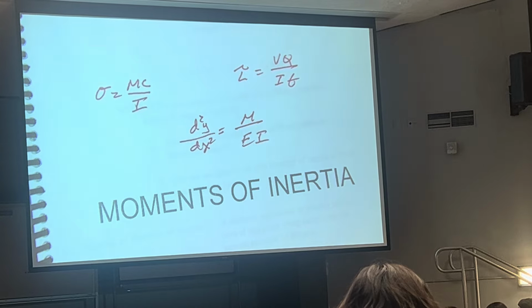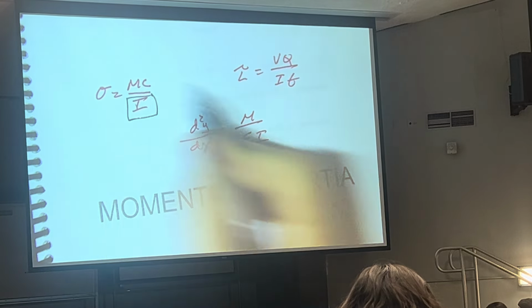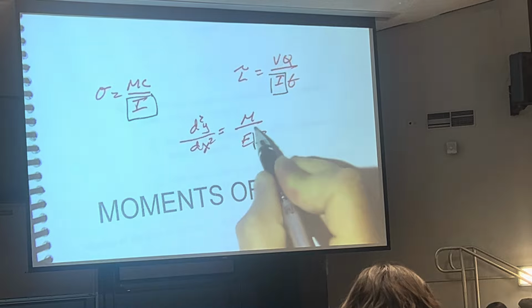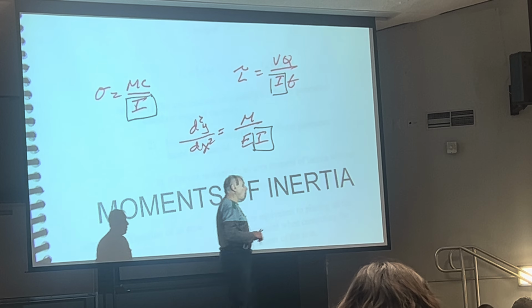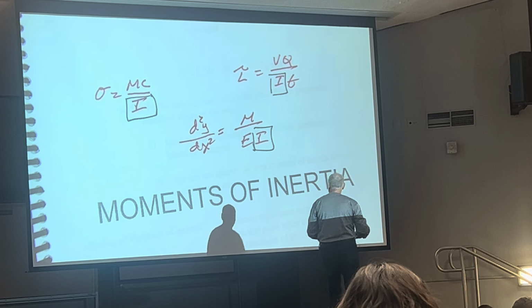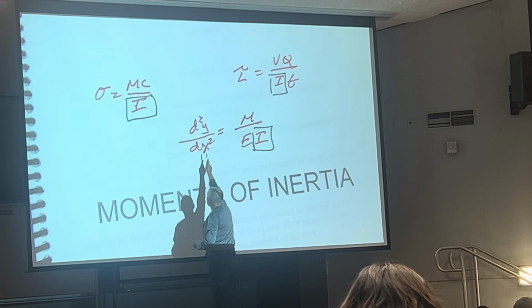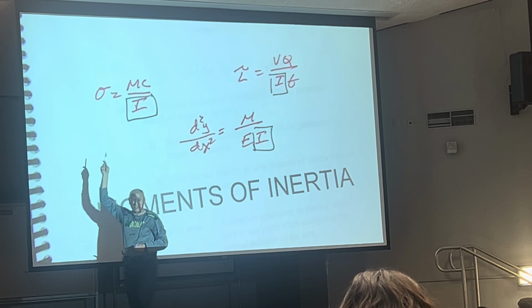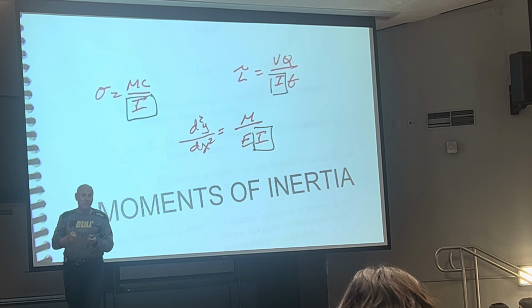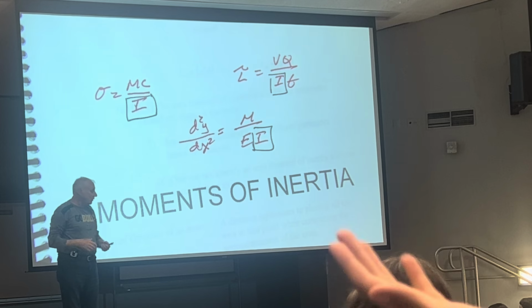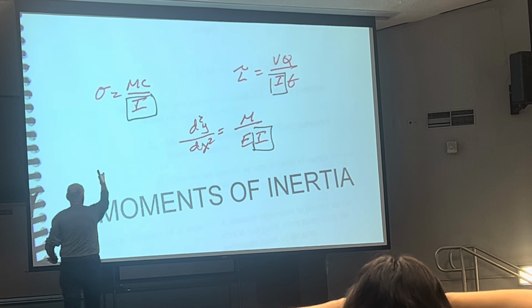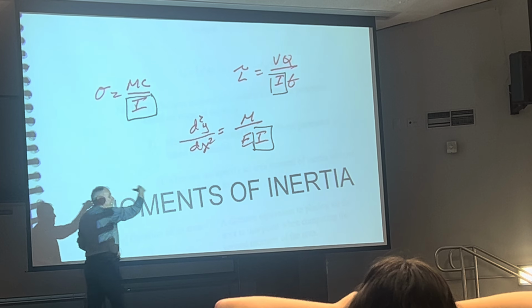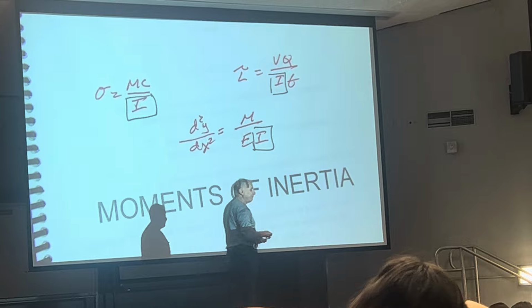In each and every equation, there is an I in here. I may not know a whole lot about I right now, but I do know it's in the denominator. So if I want the deflection to get smaller, my stresses to get smaller, what should I do to my I value? Make it as big as I can, because the bigger it is in the denominator, the smaller each of those elements gets.